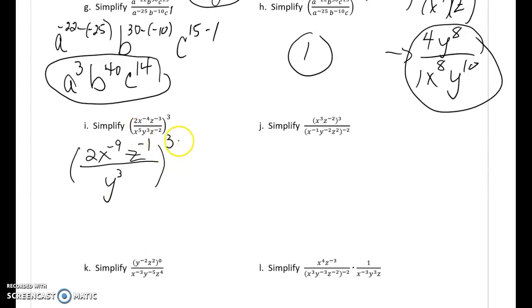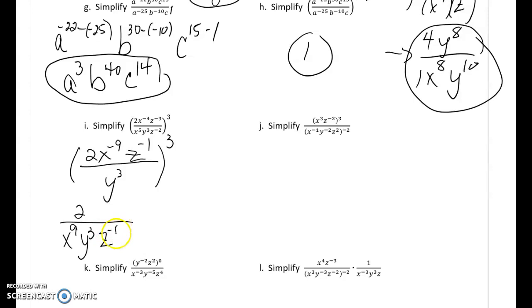Now we're not done yet because I still didn't do anything with this 3 as an exponent. So I'm going to distribute that through the parentheses. Actually, before I do that, let me take care of these negative exponents. Because the x and the z both have negative exponents, they're going to get flipped into the denominator. Now again, the y doesn't have a negative exponent, so it's not going to flip. The z and the x will flip.